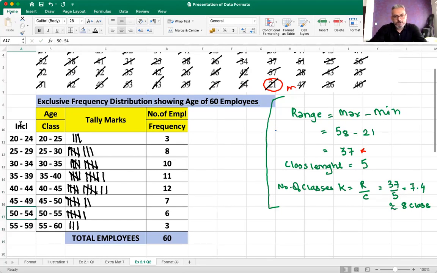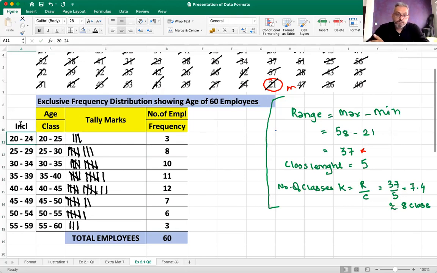Even if we would have made this inclusive, our answer would have remained the same. Because although we have written 20 to 25, the tally mark comes only till 24. Over here, we take 20 also and 24 also. So even if you take inclusive, it doesn't matter.